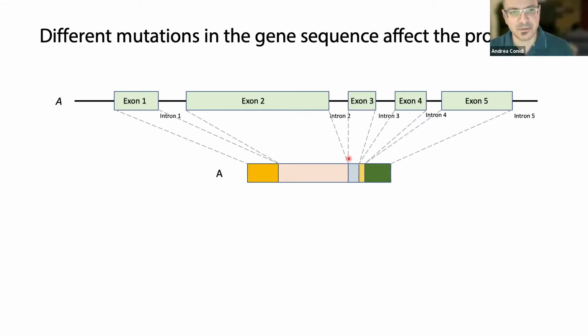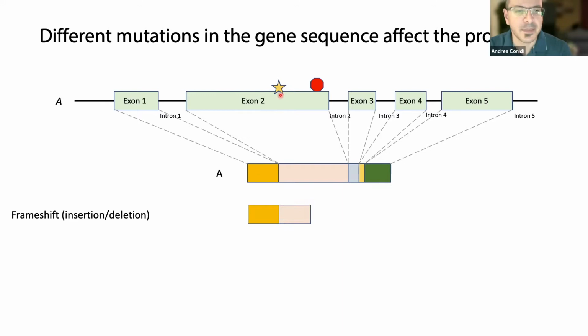We know that there are different kinds of mutations that may affect the final product, so the protein. I will just focus on some simple mutations that are also interesting for Mowat-Wilson and the cases that I'm going to present later during this talk. If a mutation occurs in this region, for example, it can be an insertion or deletion.